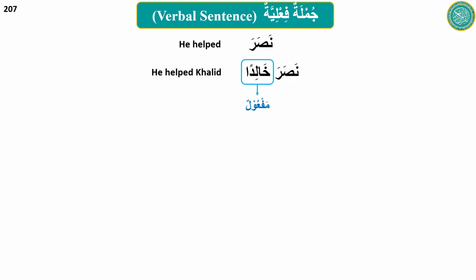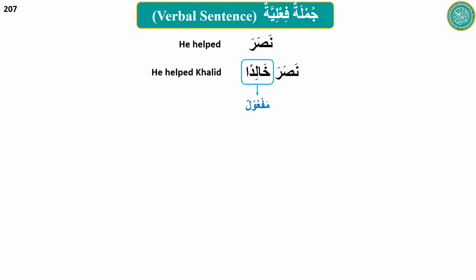The fail, the fa'il, and maf'ul. Maf'ul is the new component we just learned. So Nasara is the action, like the fail, and it has the doer inside of Nasara, and then the maf'ul is Khalidan. So Nasara is fail.